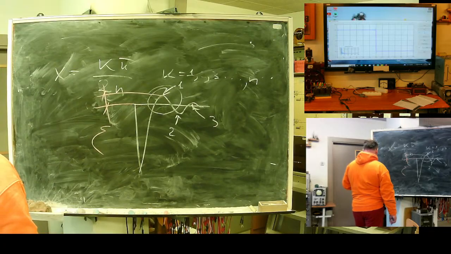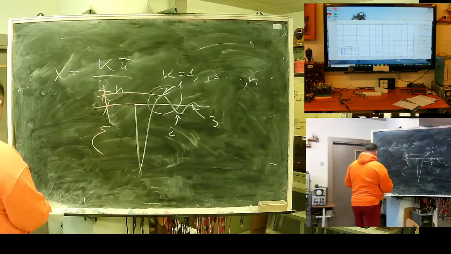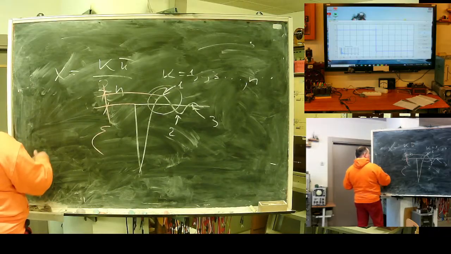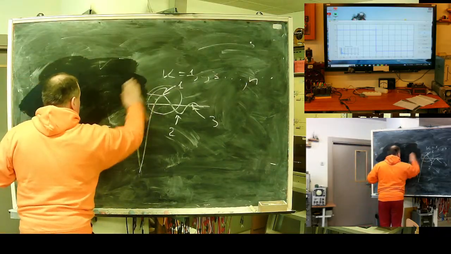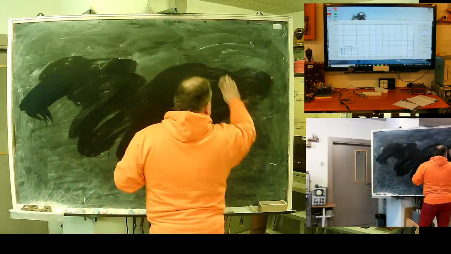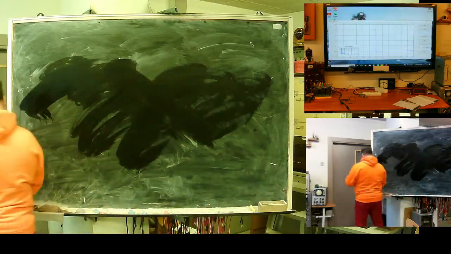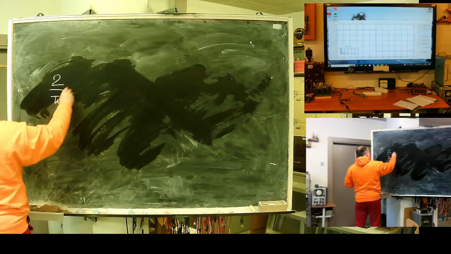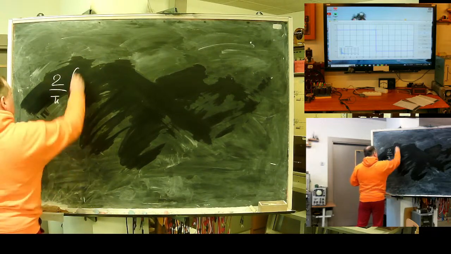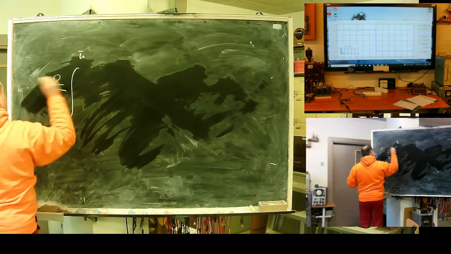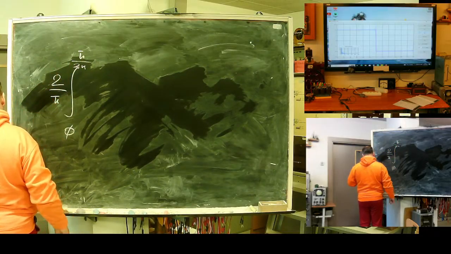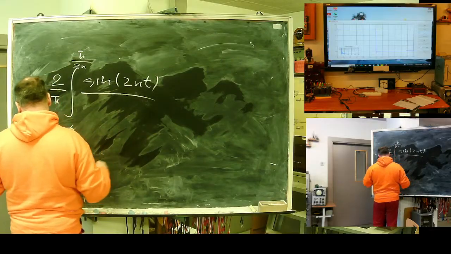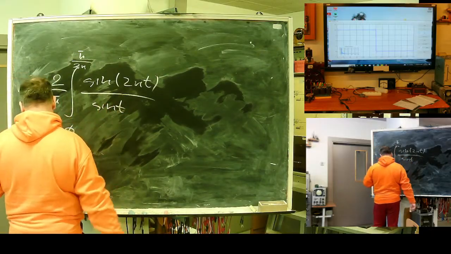For this point, the magnitude will be 2 divided by pi, integral from 0 to pi divided by 2n of sine 2nt divided by sine of t.